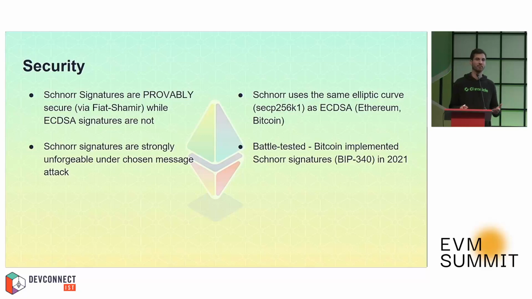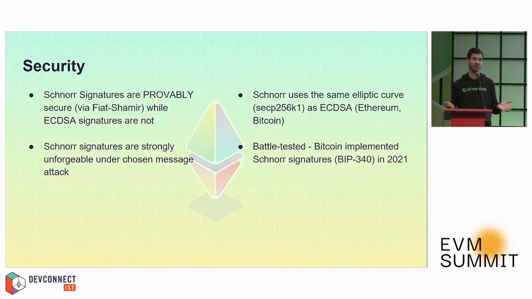And from a production point of view, how has Schnorr been utilized? Is it safe? Has it secured billions of dollars? Yes, it absolutely has. Since 2021, Schnorr has been part of the Bitcoin protocol as part of their signature aggregation scheme.